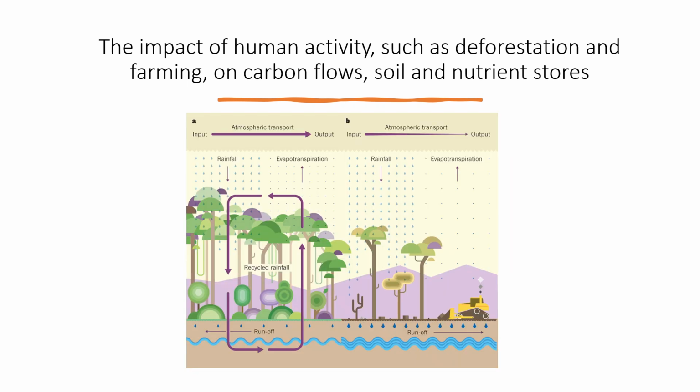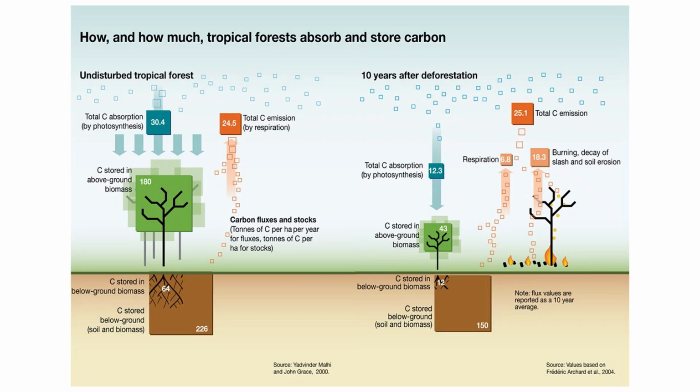Here we've got a little diagram. Feel free to zoom in. On the left we've got the natural processes that should happen within a rainforest area, and on the right you've got the effects of human activity and how particularly that's impacting the water cycle. This will show you a little bit about how it affects carbon stores.